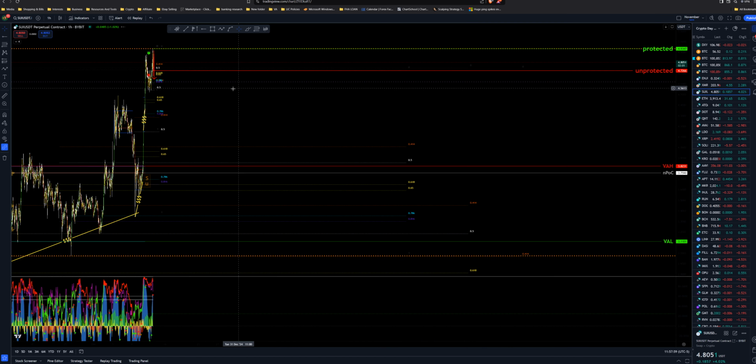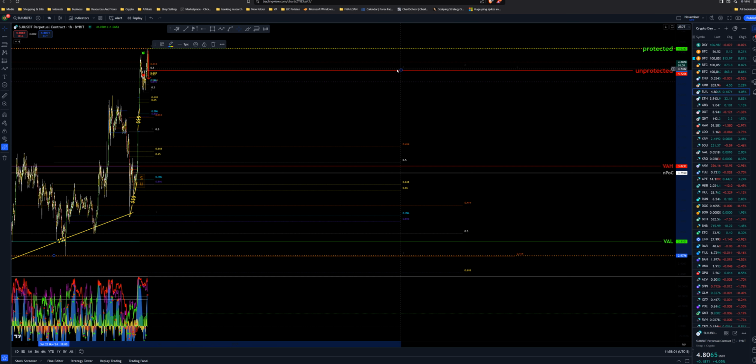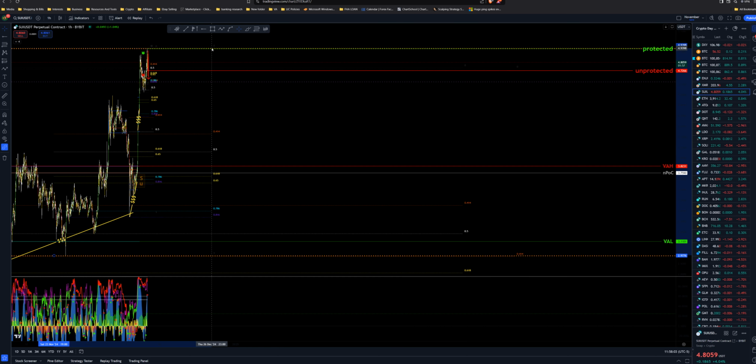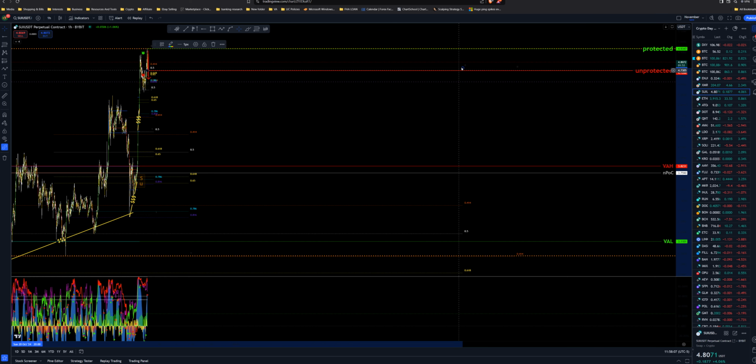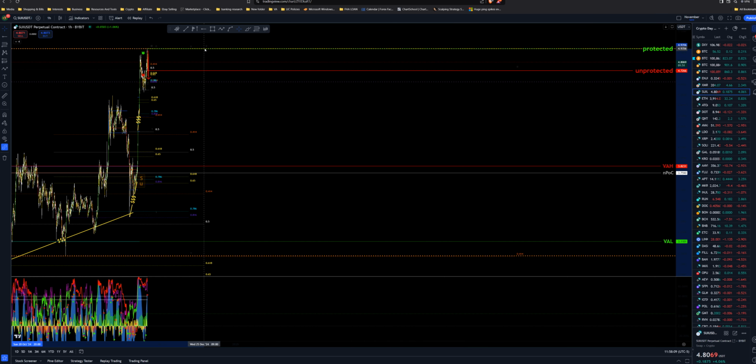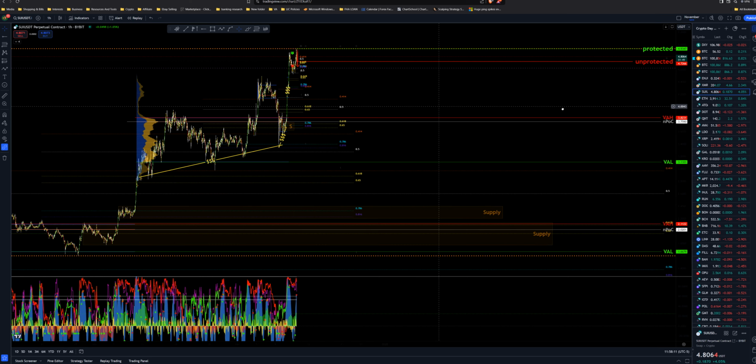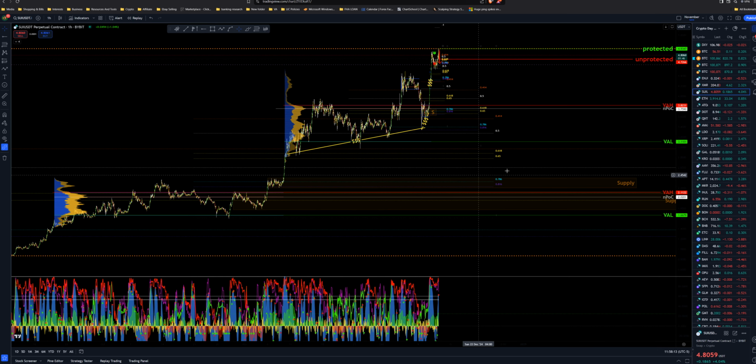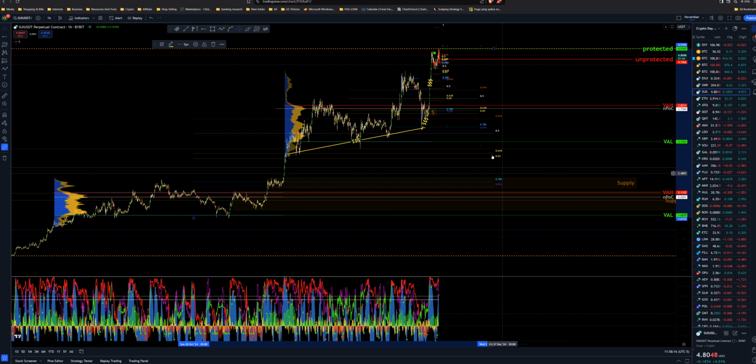Let's adjust these larger time frame fibs, because we have a new high. I have a fib pulled from this low, that low as well. Let me just mark it as a POI.